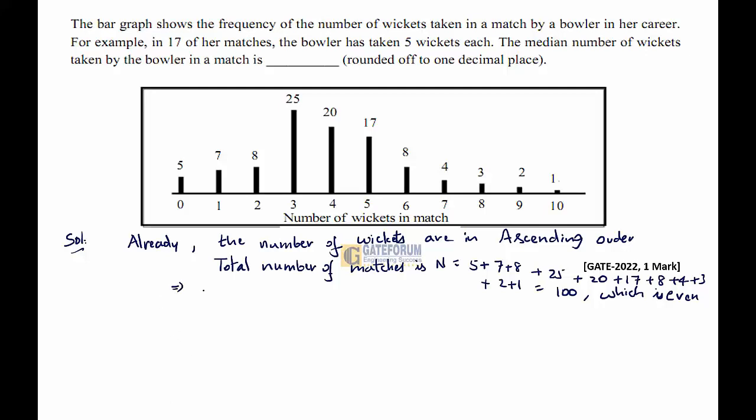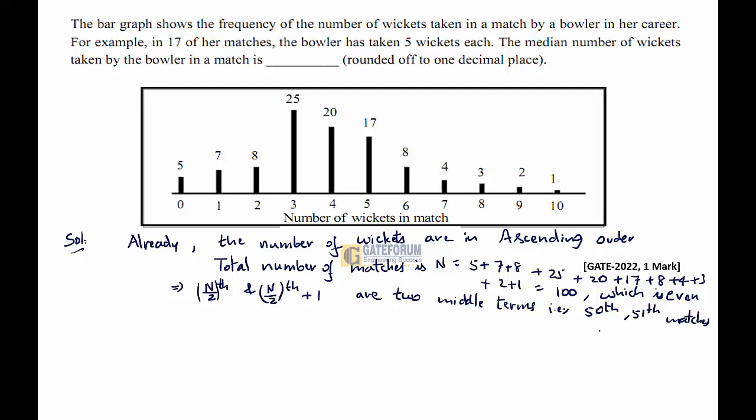That implies the n by 2th term and the n by 2 plus 1 term are the 2 middle terms. That is the 50th and 51st matches.